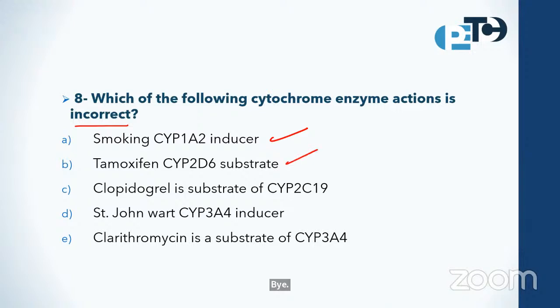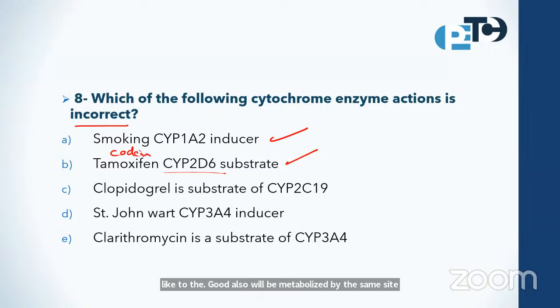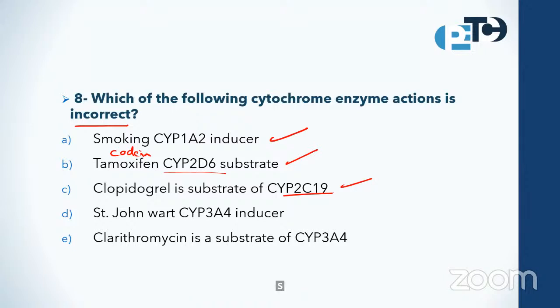Yes, like codeine. Codeine also will be metabolized by the same cytochrome. Clopidogrel is a substrate of cytochrome 2C19, also correct. St. John's wort is a cytochrome 3A4 inducer. Also, it is a correct statement.